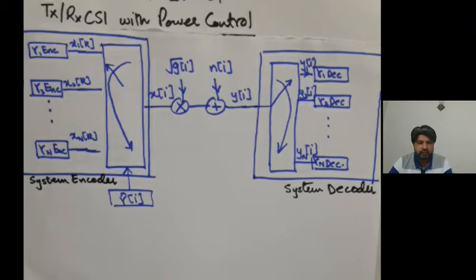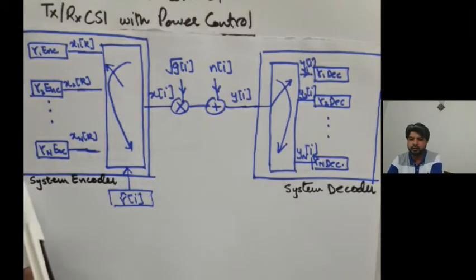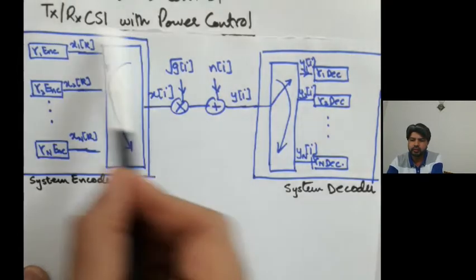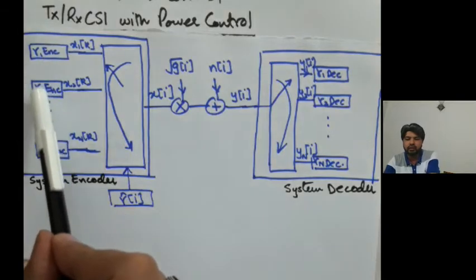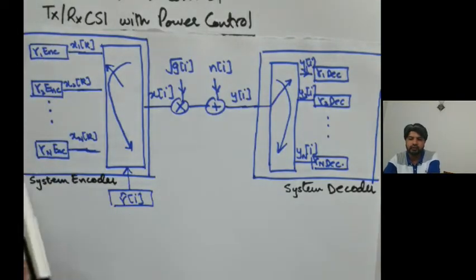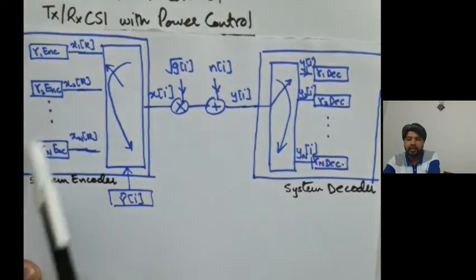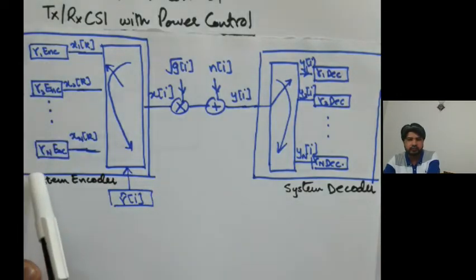So at the transmitter end, we have this box as the entire encoder or the system encoder. At the receiver end, you have a system decoder. But now, assuming that the channel can take capital N states, instead of one encoder as was there in the fixed rate encoding, there can be capital N encoders here.